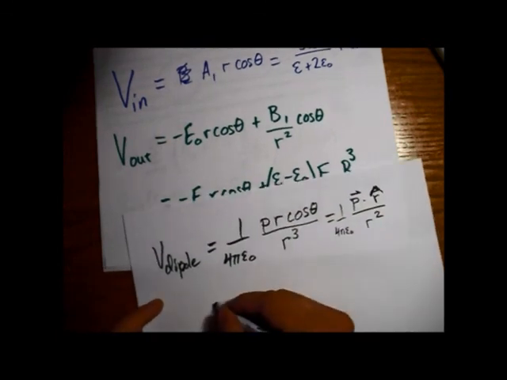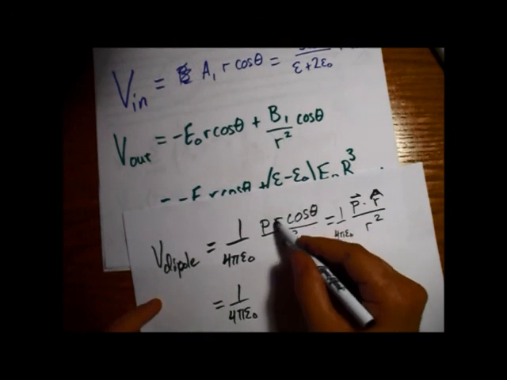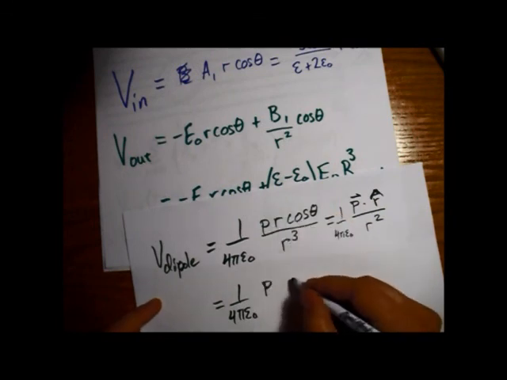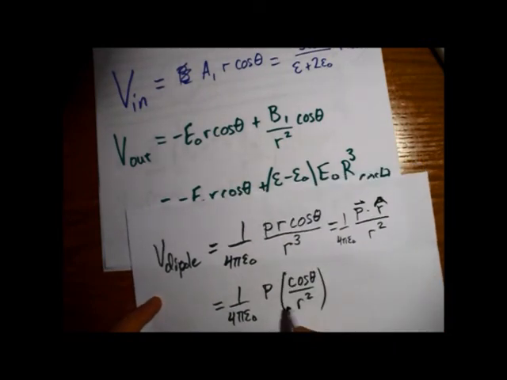And I'm going to go ahead and write this slightly different. Actually the same, right? I'm just going to divide out this r, and I'm going to bring this cosine over r squared out here.